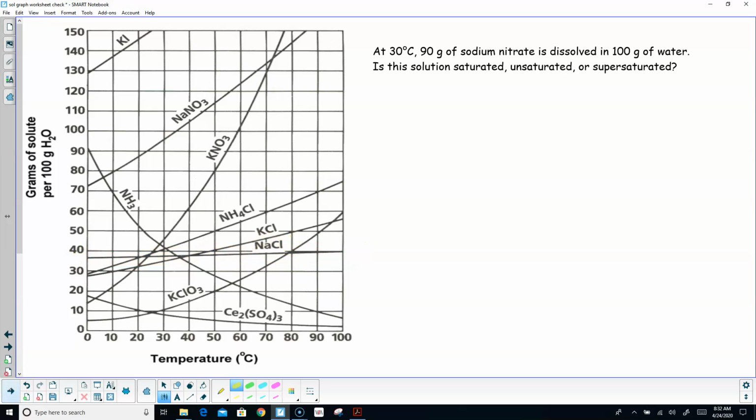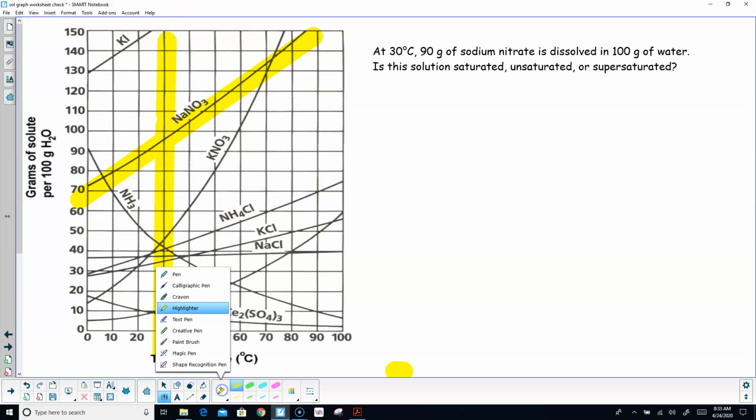Number 5, at 30 degrees Celsius, 90 grams of sodium nitrate is dissolved in 100 grams of water. Is it saturated, unsaturated, or supersaturated? Well, we've got to find sodium nitrate, which is this guy, NaNO3. We're looking for 30 degrees Celsius. So here's 30 Celsius, and we're trying to see a point.